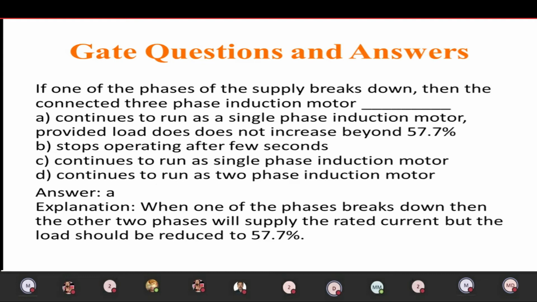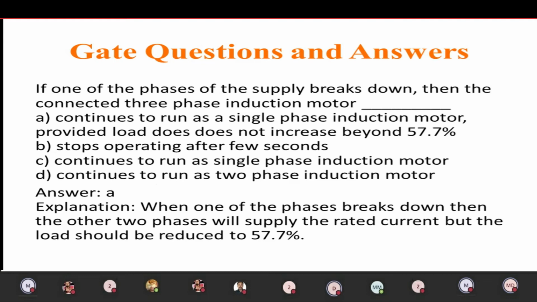When one phase breaks down, the other two phases will supply the rated current, but the load should be reduced to 57.7%, because once one phase is not working, the other phases are responsible for rotating the machine. At that time the two phases are overloaded if the load is maintained constant.